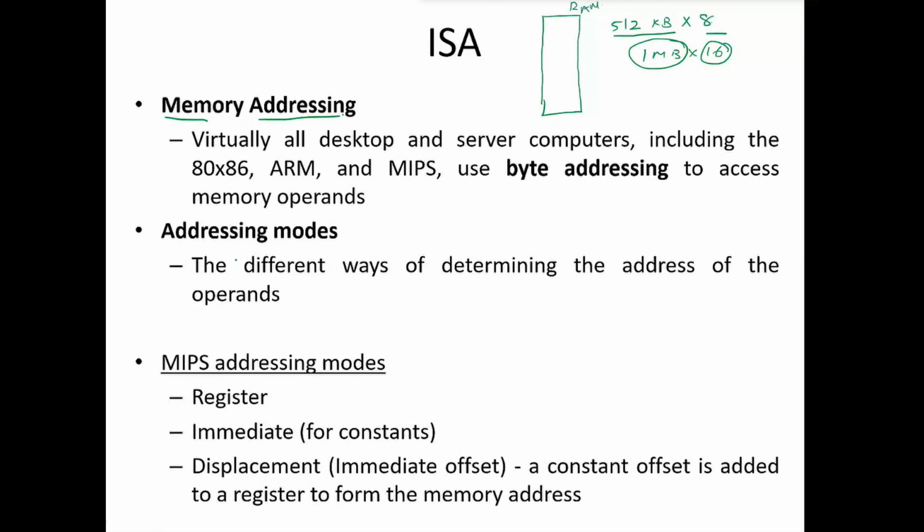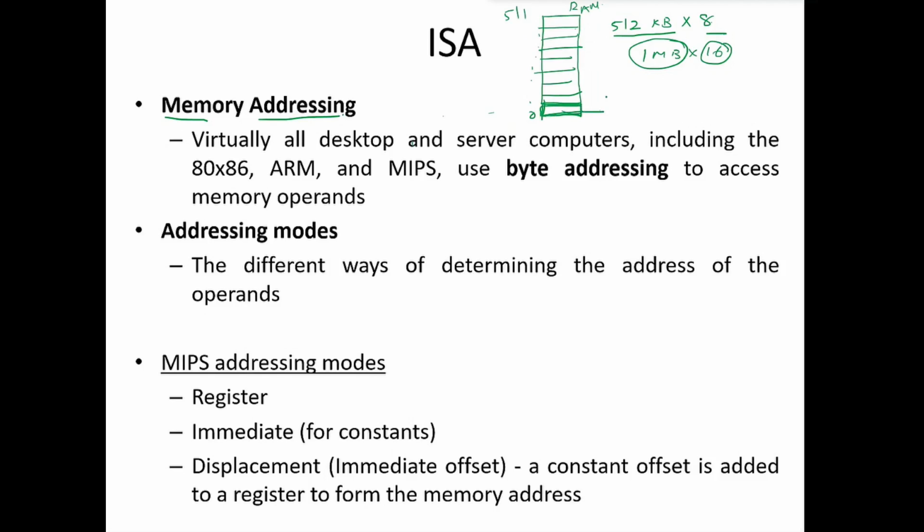So this is the RAM. Here the addresses go from 0 till, let it be, 511. This says how many locations it can store.